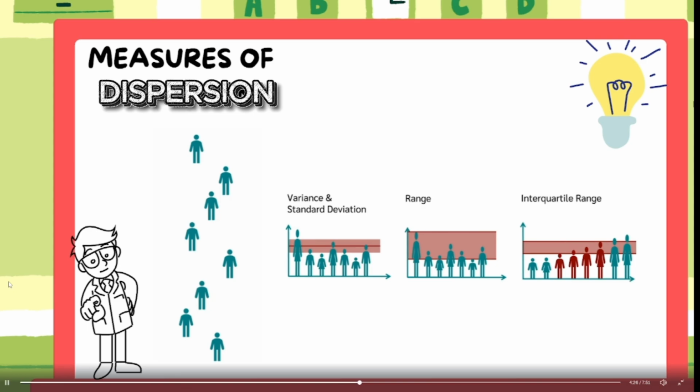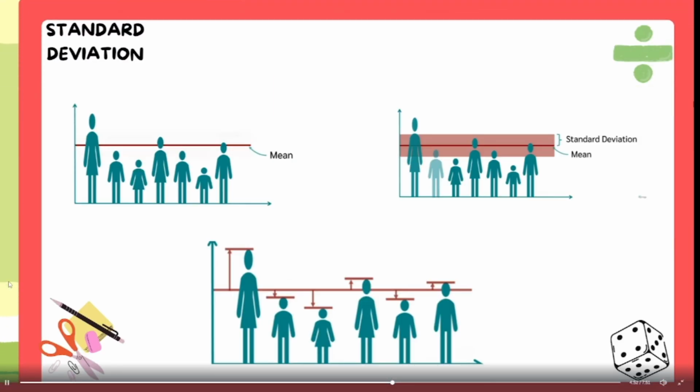Together, these measures of dispersion provide a complete picture of the data distribution, helping analysts understand not only typical values but also the reliability and consistency of a data set.